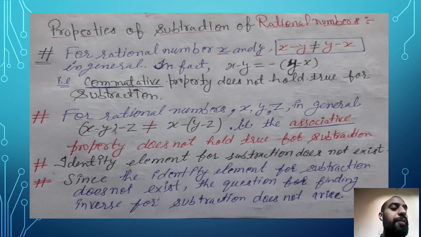Why? Because if we are subtracting anything from any number, then we are getting a different answer. So due to this reason, in case of subtraction, there is no identity element. And since there is no identity element according to the fourth property, that means there is no question of finding inverse.